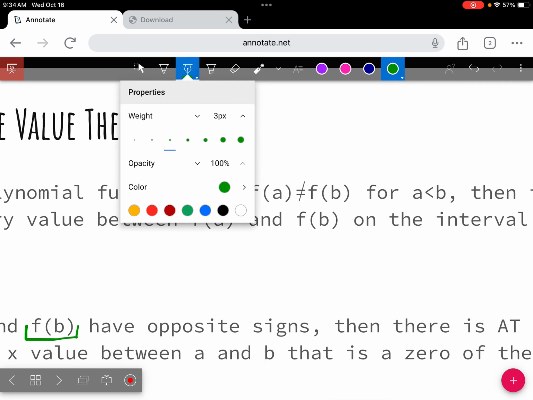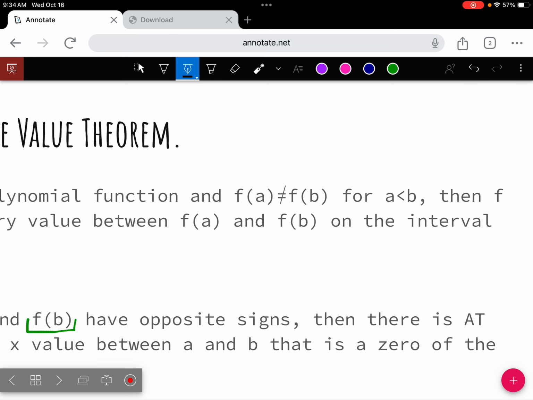I'm going to give us a little sketch to show here. If I have a polynomial that looks like this, and I know that this is -3, has this value here, and I know that this guy is -2, which is this value here.